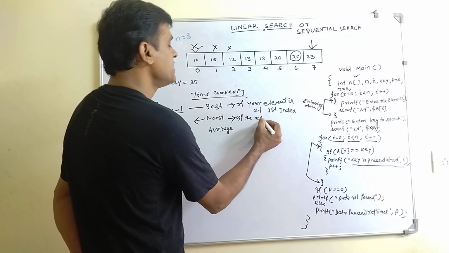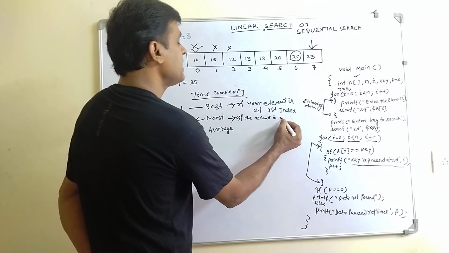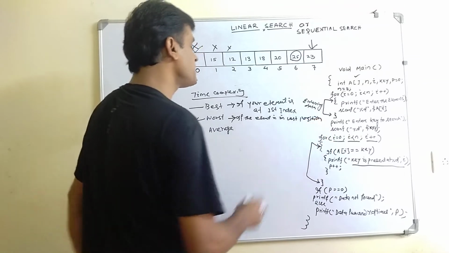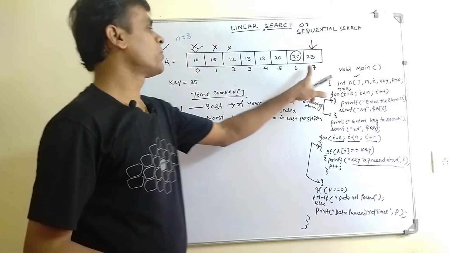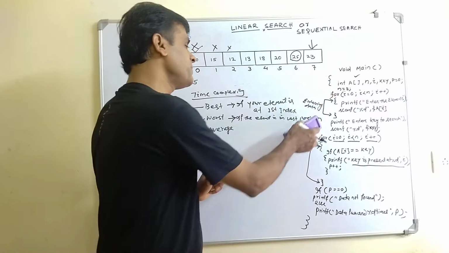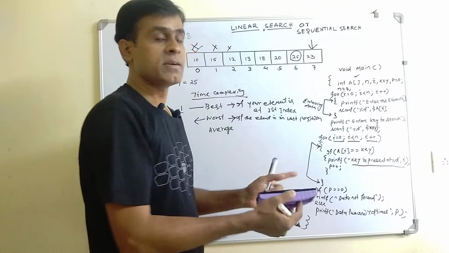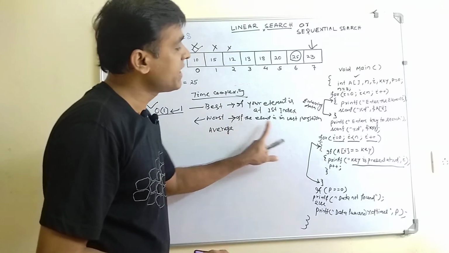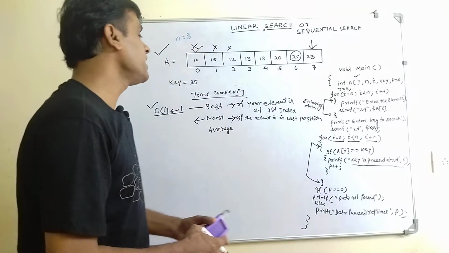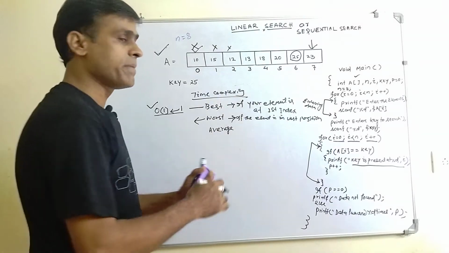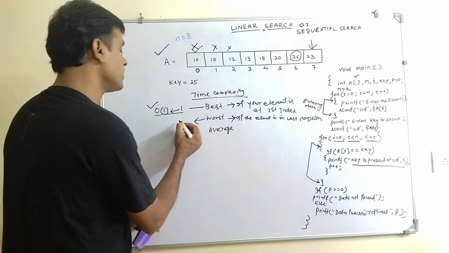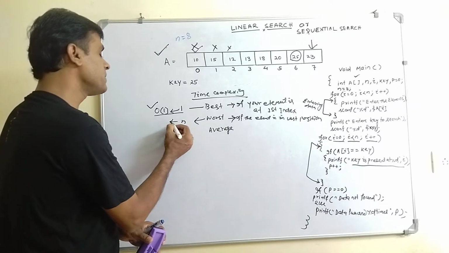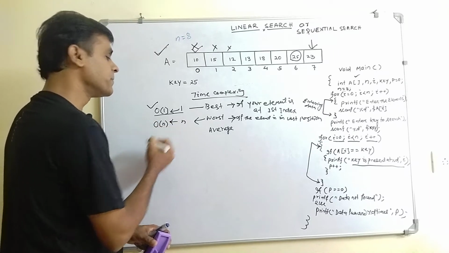If the element is in the last position, definitely you have to go to the last position to search. Otherwise, if it is not present also, you have to search. But for the successful case I am taking only the worst case: if the element is in the last position, then you have n comparisons, so the time complexity is n, represented as big O of n.